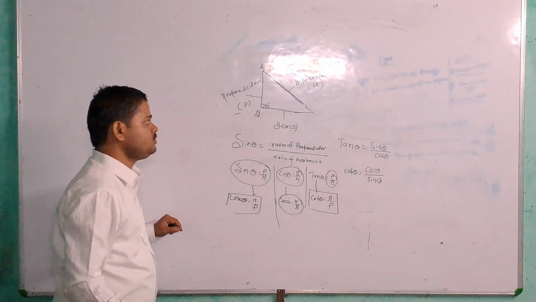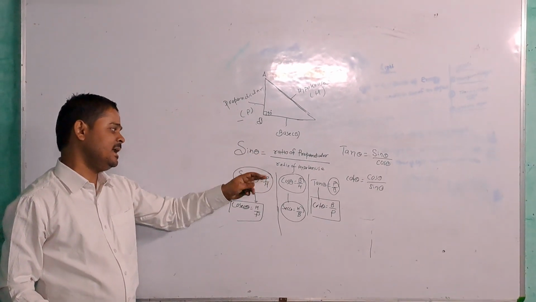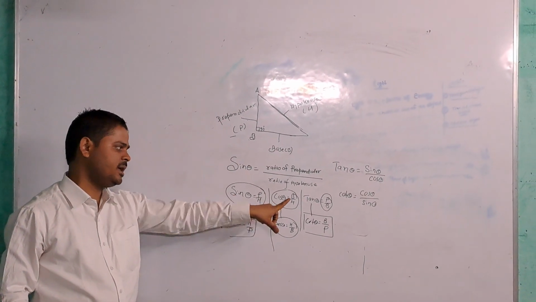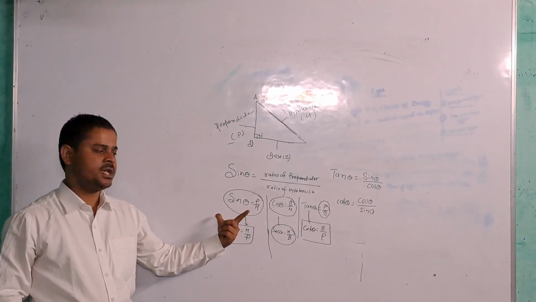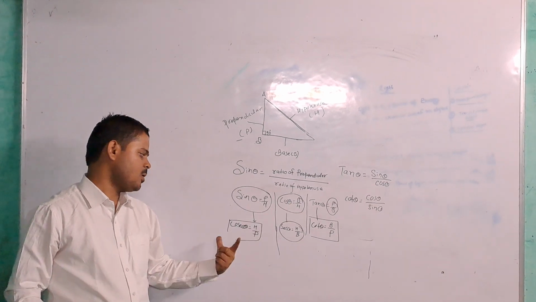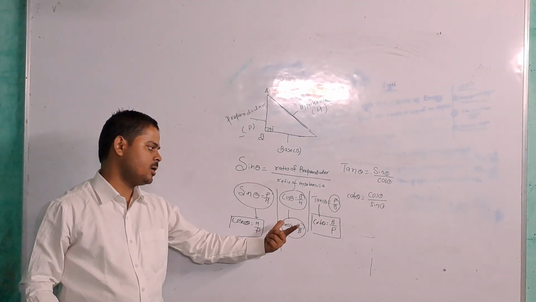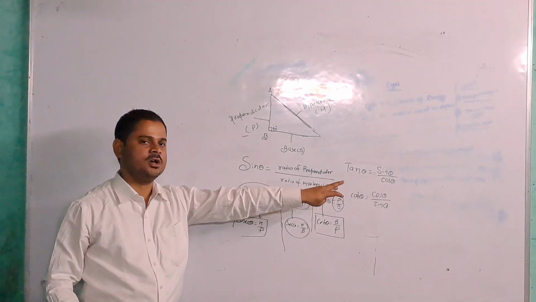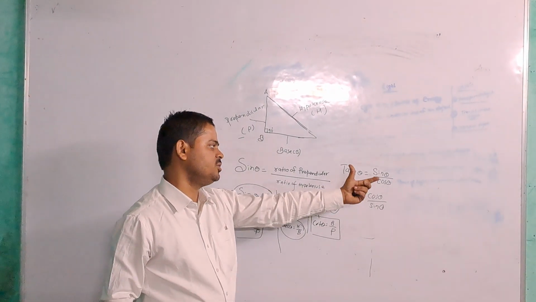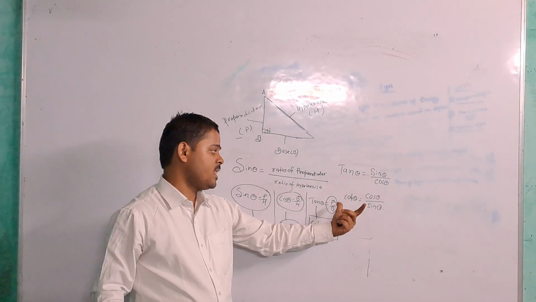So the ratios between side and angle are: sin theta is p by h, cos theta is b by h, tan theta is p by b, cosec theta is h by p, sec theta is h by b, and cot theta is b by p. And there is also a relation: tan theta is equal to sin theta upon cos theta, and cot theta is equal to cos theta upon sin theta.